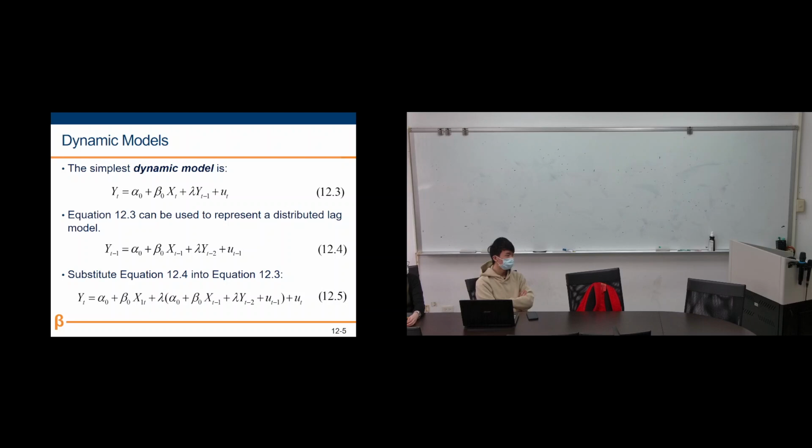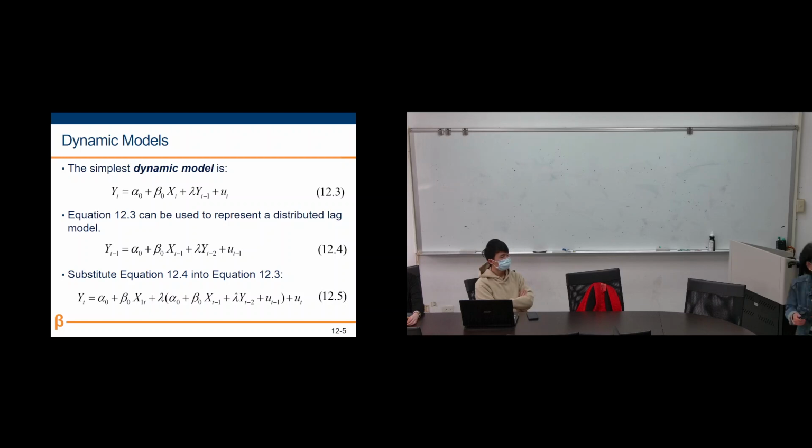Now, substitute equation 12.4 into equation 12.3. Here I have 12.3, that's my pointer. What's wrong with this one?